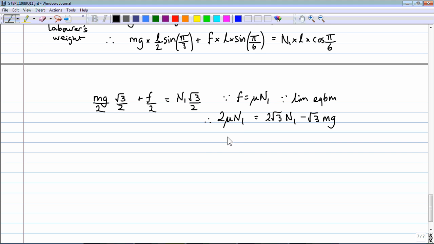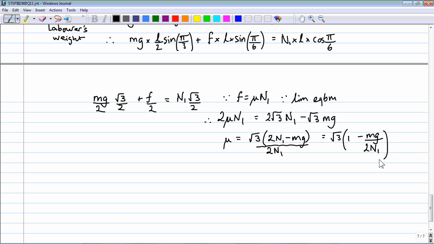So what's that? Mu is equal to, I don't know, root 3 (2n1 minus mg) over 2n1, or something like root 3 (1 minus mg over 2n1).